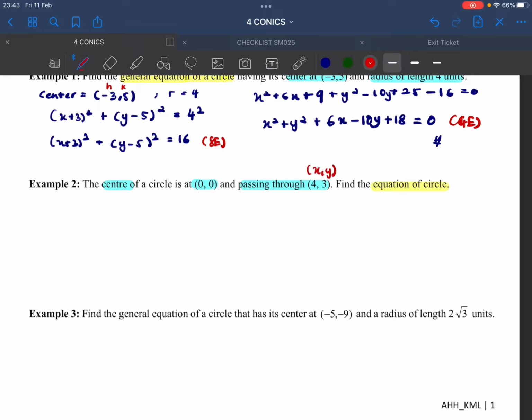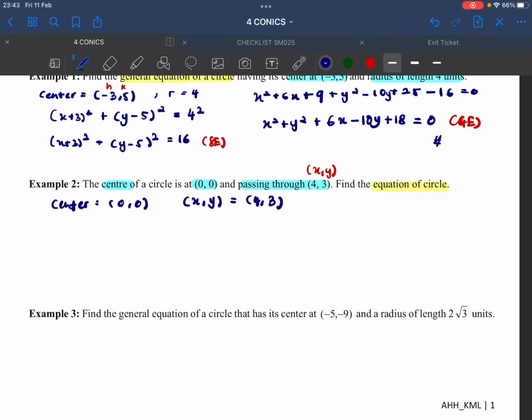So let's write that down: the center is 0, 0, and our value for x and y is 4, 3.